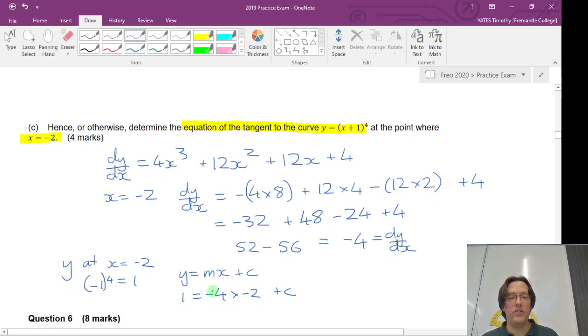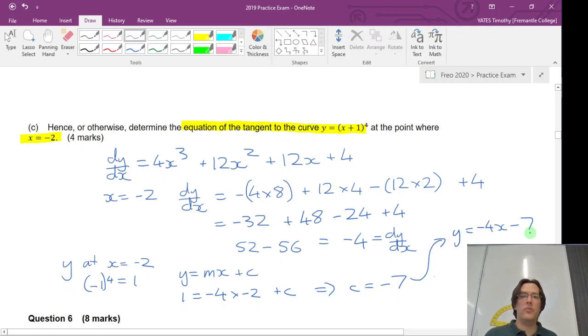That's going to be 8 on this side. 1 take 8 gives us that c is equal to -7. So the equation is going to end up being, and I'll put that up here, y equals -4x take 7.